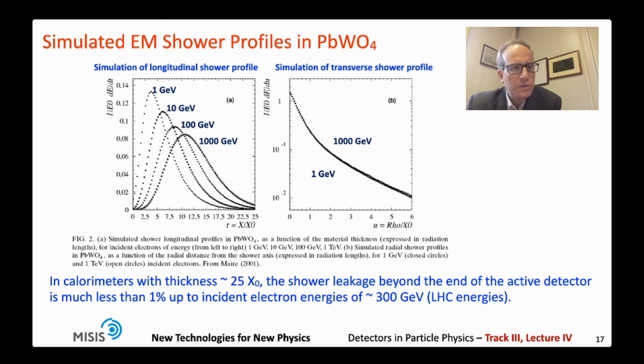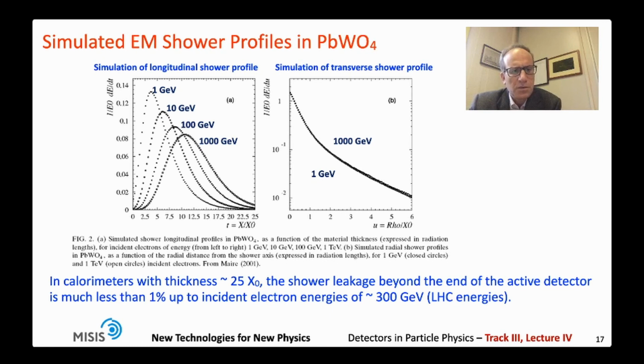And this shows the simulation of the longitudinal profile on the left, and you see this is very mildly dependent on the energy, because it increases only with the log of the energy. And on the transverse shower profile, you see here that this is driven by this Molière radius.